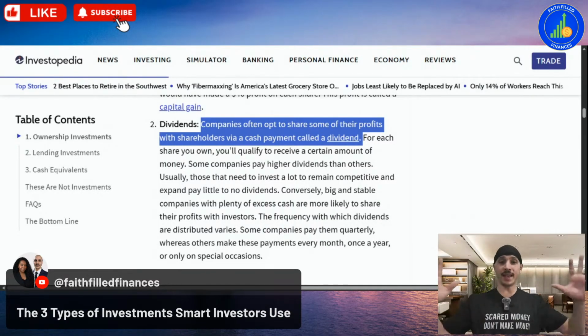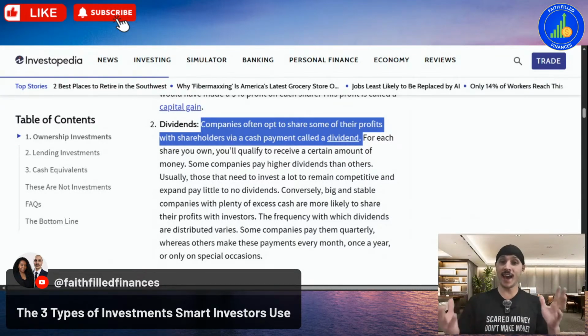Conversely, big and stable companies with plenty of excess cash are more likely to share their profits with investors. The frequency with which dividends are distributed varies. Some companies pay them quarterly, whereas others make these payments every month, once a year, or only on special occasions.